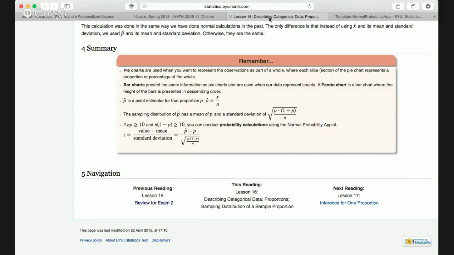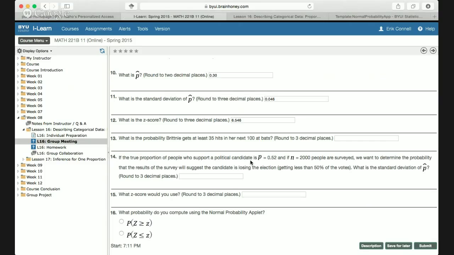And x being observed, which for this question is 35, divided by the total of 100. Wait, where did you get 35? In the question, what is the probability Brittany gets at least 35 hits on her next 100 at bats? So we would observe 35 and divide that by 100.